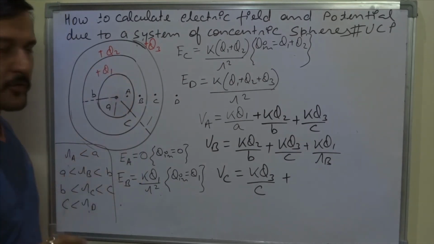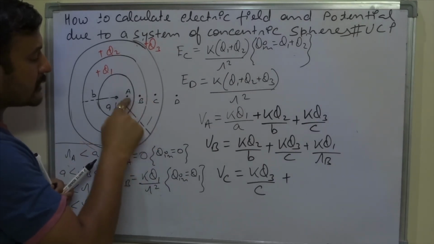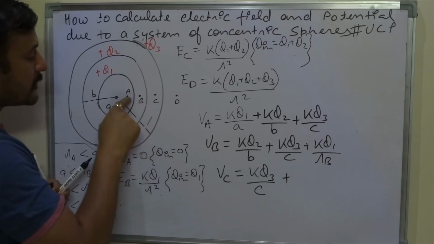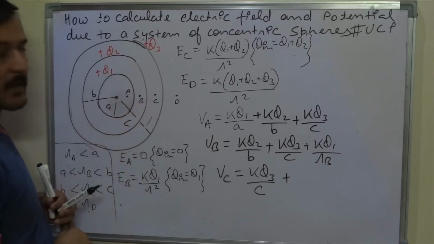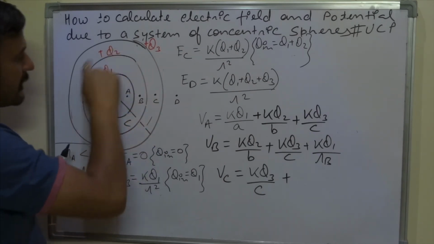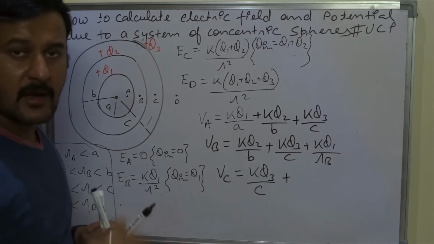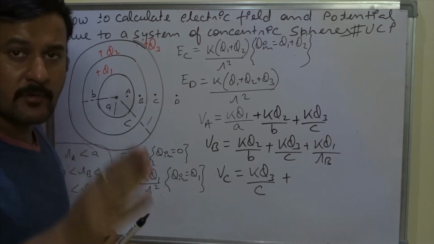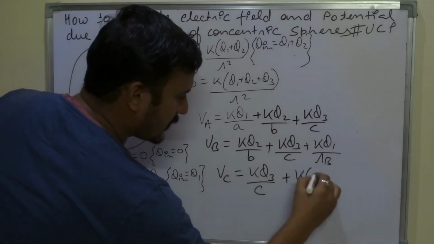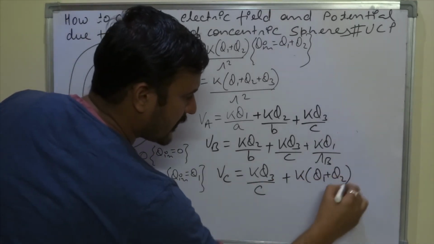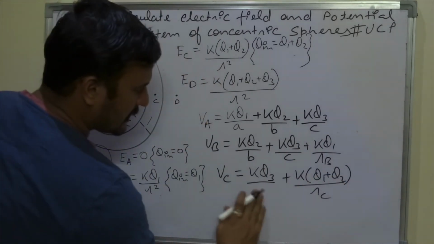If we write the potential at C individually, due to the smaller sphere it would be kq1 by rc, and due to the middle sphere, kq2 by rc. Taking k and rc common, it would be k(q1 plus q2) by rc. That is the potential at C.